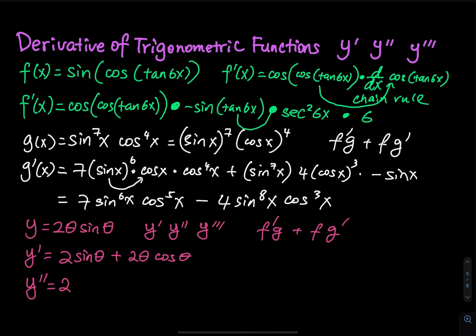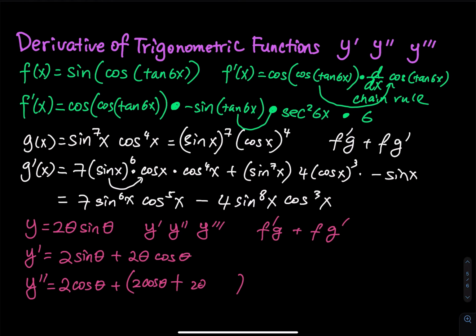And then y double prime. This is a 2 cosine of theta, and then there is a product, right? So this is a 2 cosine of theta. It was a plus, but when you take the derivative of cosine, the plus becomes a minus. So you have a 2 theta sine of theta, but that is in minus, I will just write it like that.